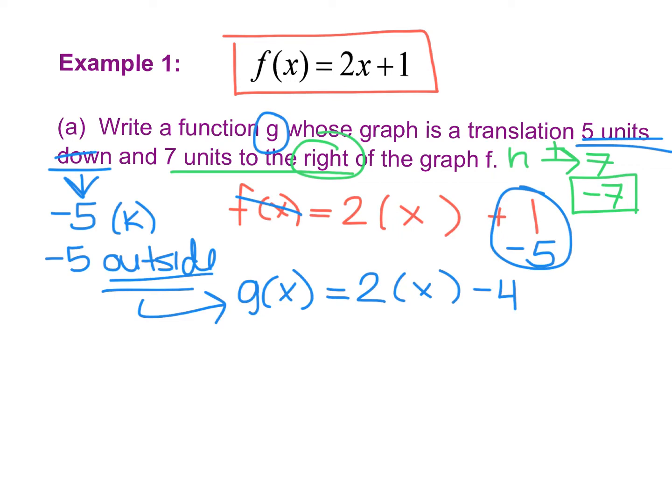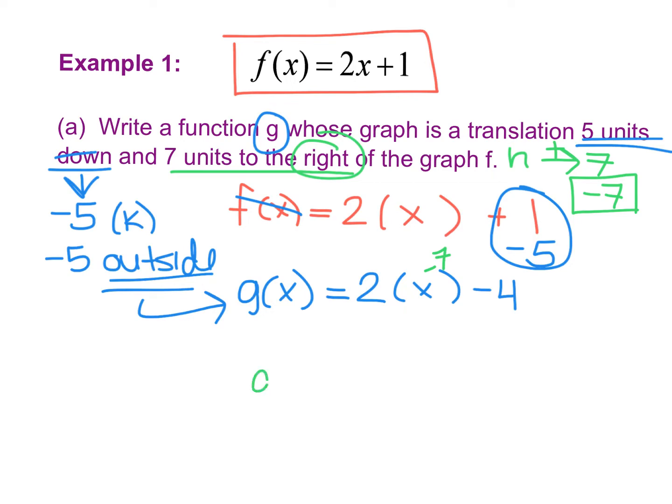So here you can see I added parentheses to my x, and here I'm going to subtract 7 from x. So in doing so, by subtracting 7 from x, I'm applying my h value, and my h value is now going to move to the right 7 units.